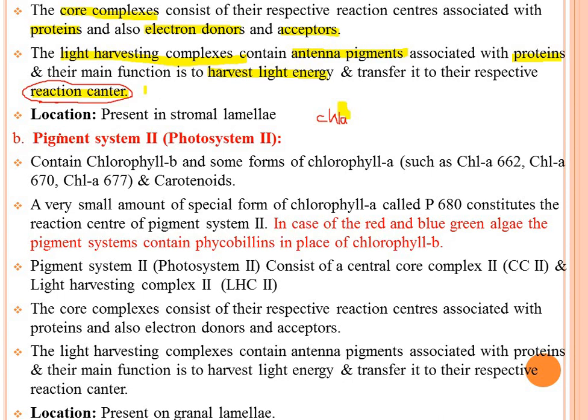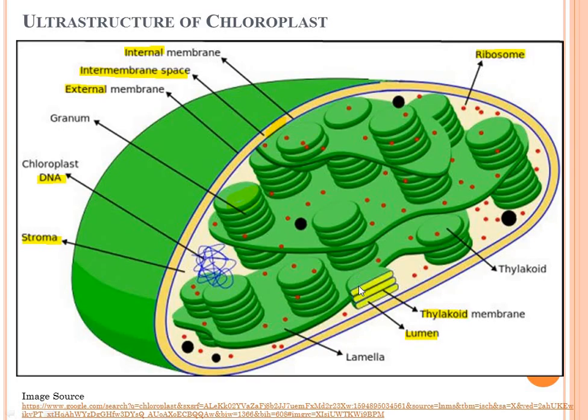Then location. Actually this photosystem 1 is located in the stromal lamellae. I already showed you the stromal lamellae. These are the stromal lamellae. Stromal lamellae connect the two grana, means they are present inside the stroma.